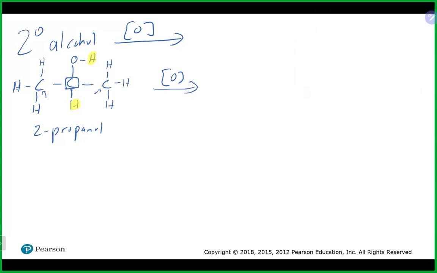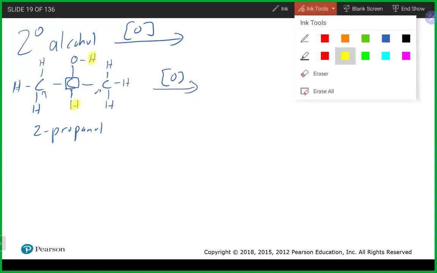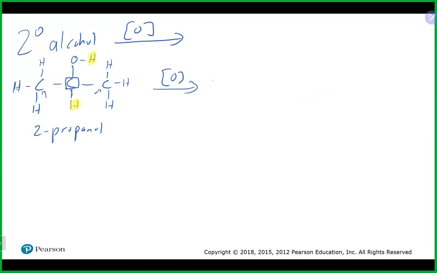And once again, at this point, everything else stays the same. So we're just going to redraw it here exactly the same. We got an H, a C, an H, an H, a C, an O. We got a C, an H, an H, and an H. And obviously our H2 comes off, right?